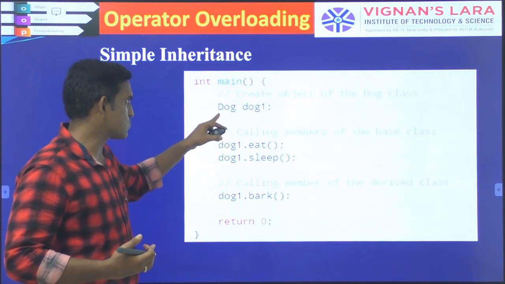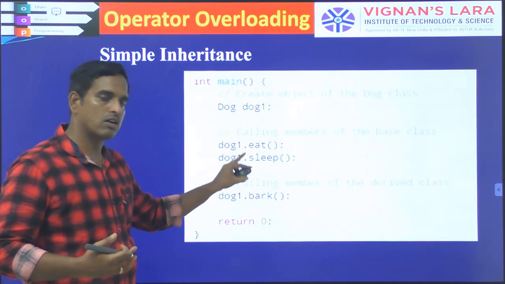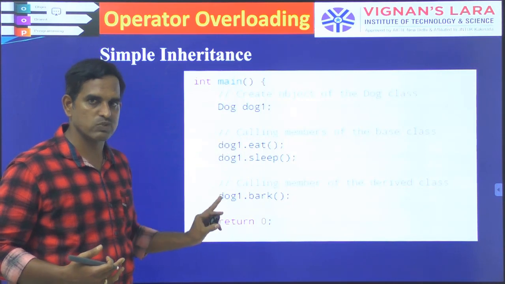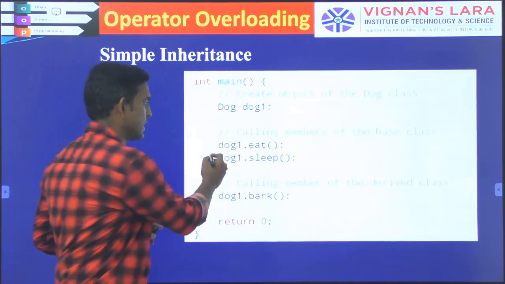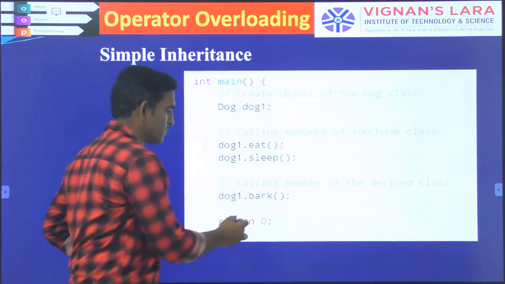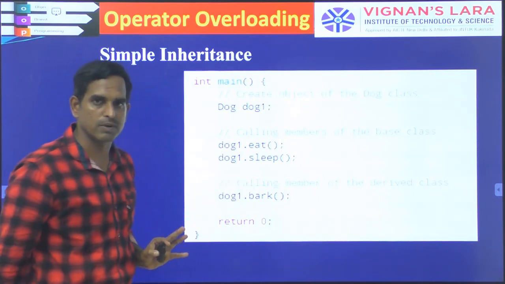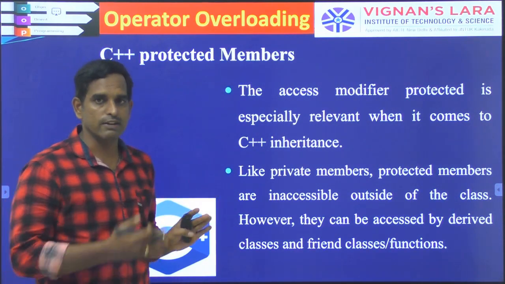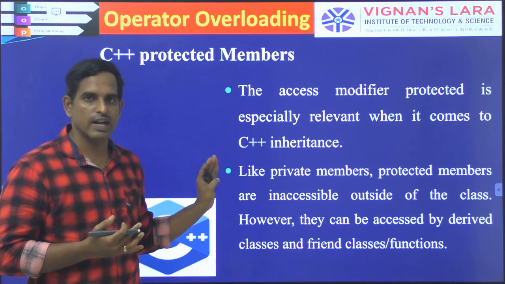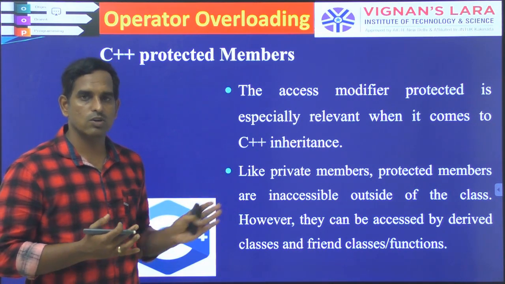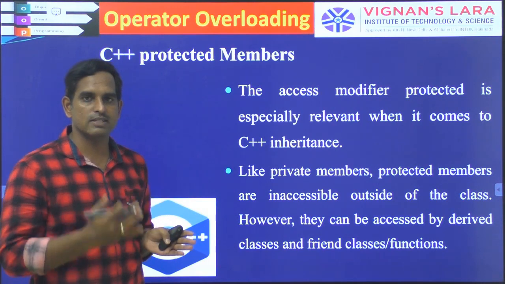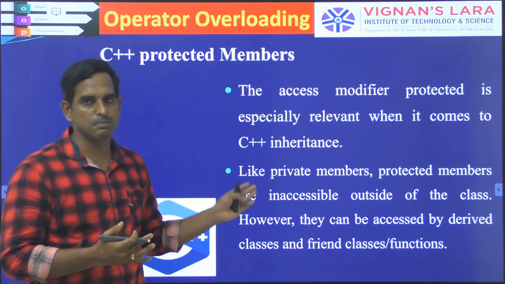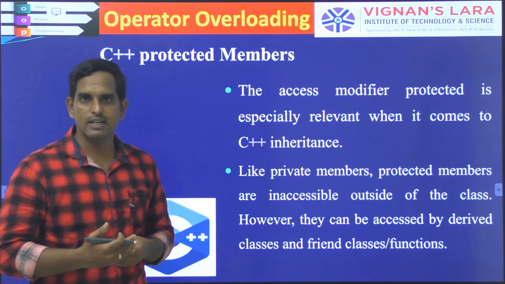The derived class can access all the properties of the base class as well as its own properties. I also told you about the influence of protected members when you have inheritance. As I told you, protected members can be accessed by both the class's own members as well as the inherited members.